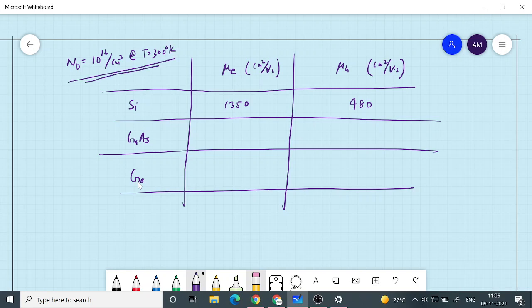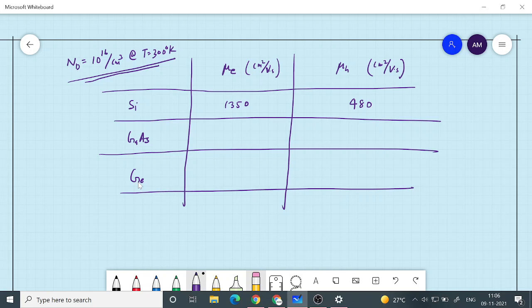If any of these parameters varies, mobility varies, and these figures are not going to be correct. But this is at room temperature, 300 degrees Kelvin, for a moderate doping concentration. These are the values we mostly use in calculation. So we always take room temperature calculations with moderate doping. If it is not specified, or if it is different, you need to take that accordingly.